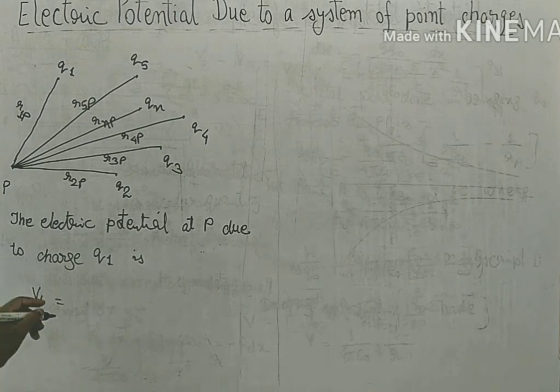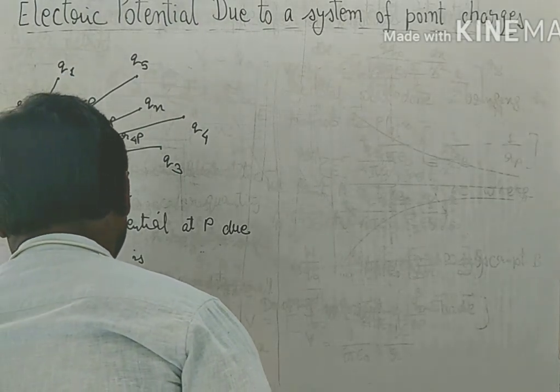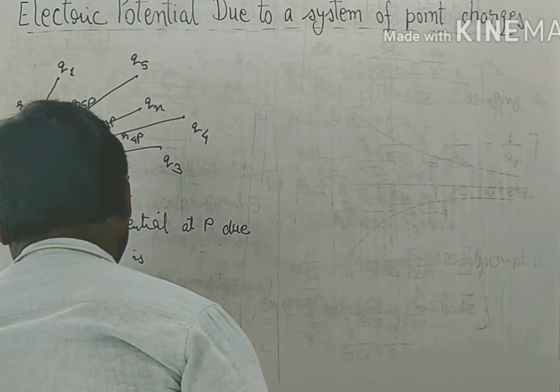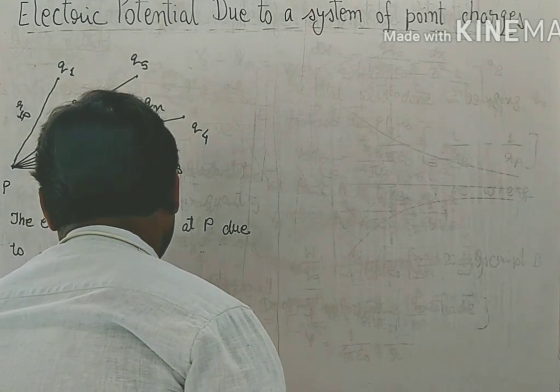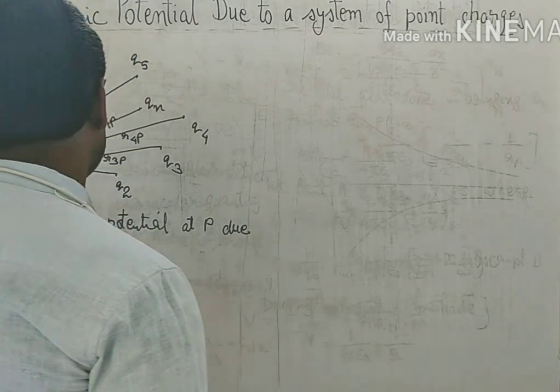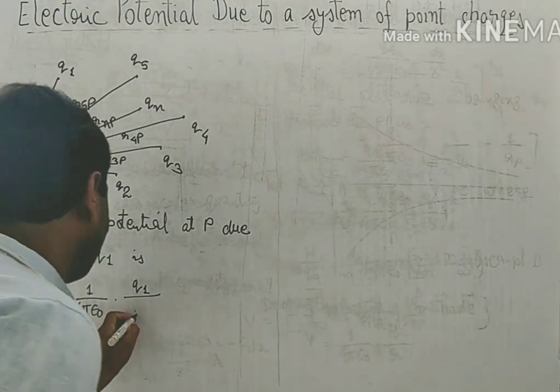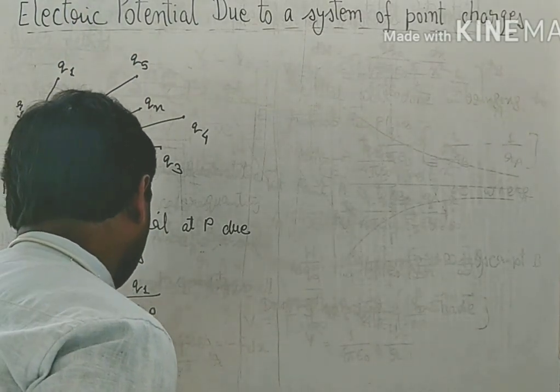So this V1 we can directly write as 1 upon 4 pi epsilon naught, source charge, which is Q1, upon distance. The distance is R1P.